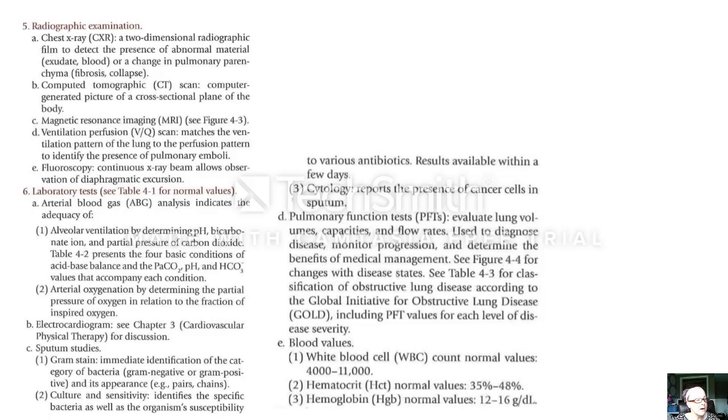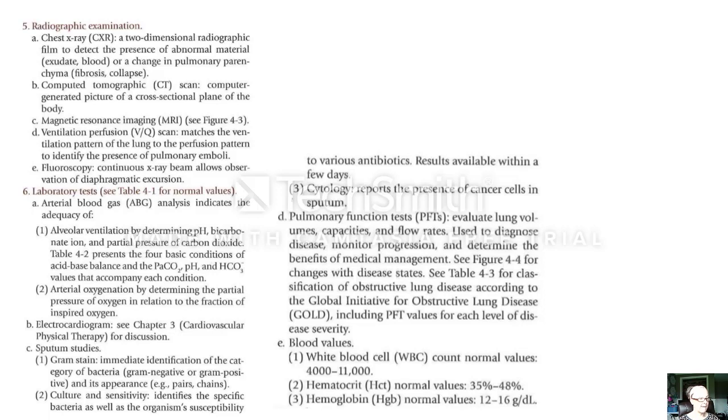Table 4.2 presents the 4 basic conditions of acid-base balance and the PaCO2, pH, and HCO3 values that accompany each condition. Arterial oxygenation by determining the partial pressure of oxygen in relation to the fraction of inspired oxygen. Electrocardiogram, see Chapter 3, Cardiovascular Physical Therapy for discussion.